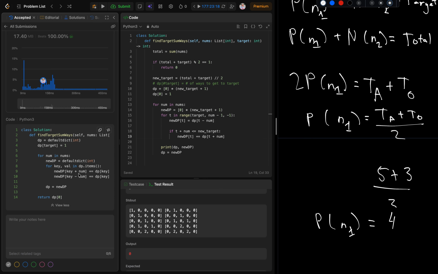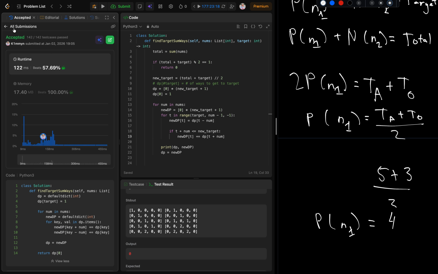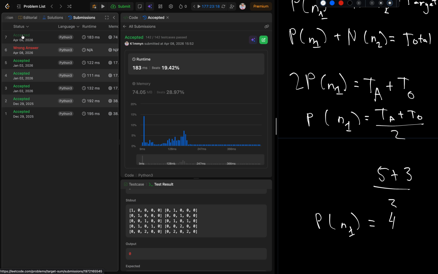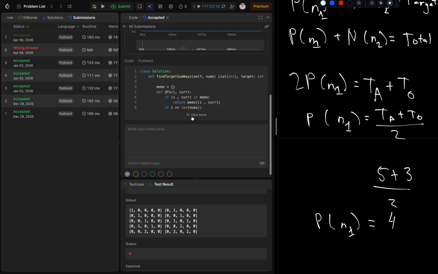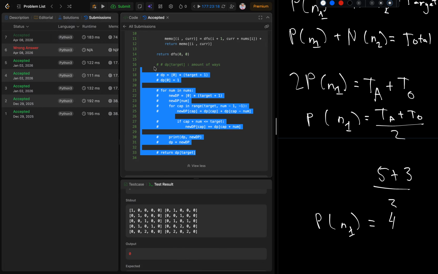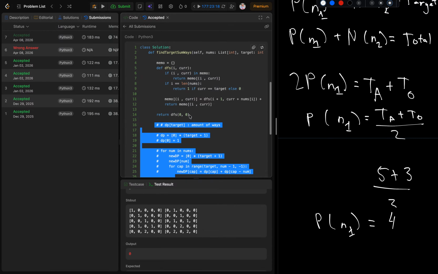Oh, this is basically the top down version. Oh yeah, see, this is what I did before, but I don't think this accepted. This one's pretty easy.